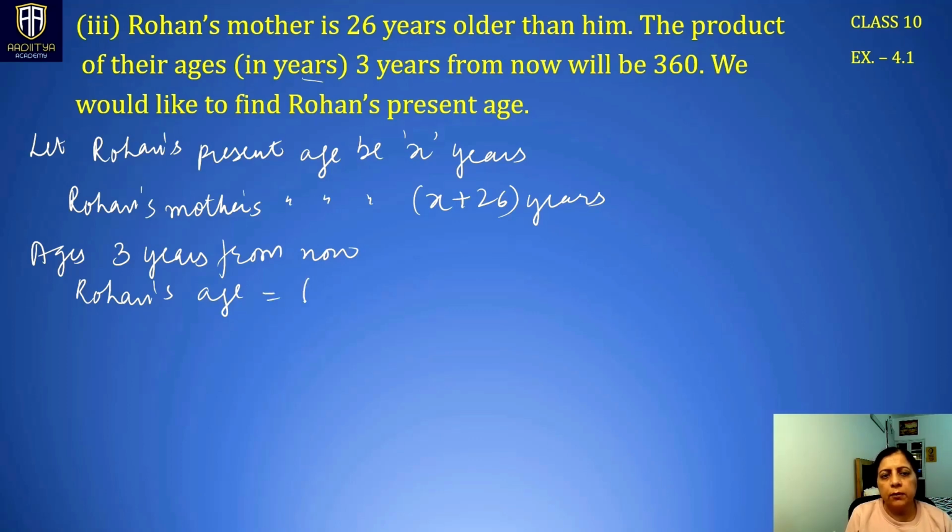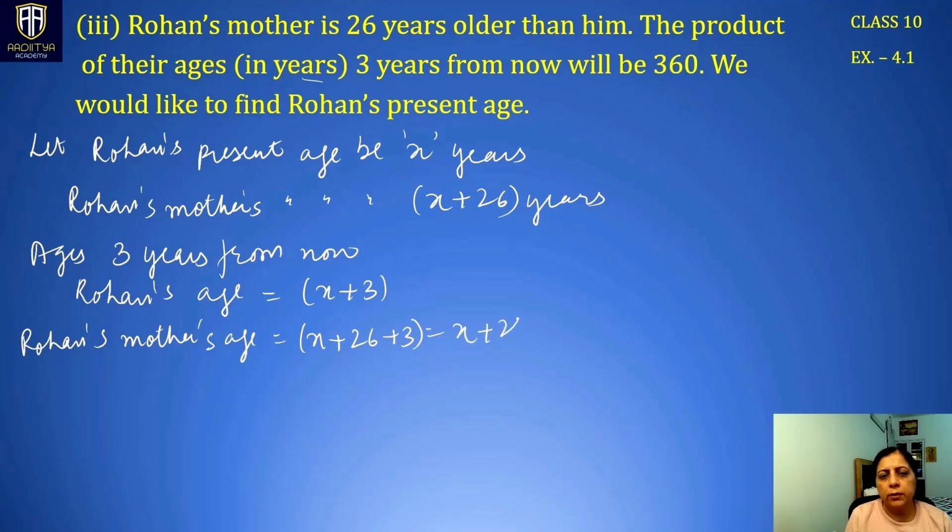Rohan's age will be X plus 3. And then Rohan's mother's age 3 years from now will be, she is X plus 26 years old right now, so you have to add 3 to her age. That means X plus 29 years.